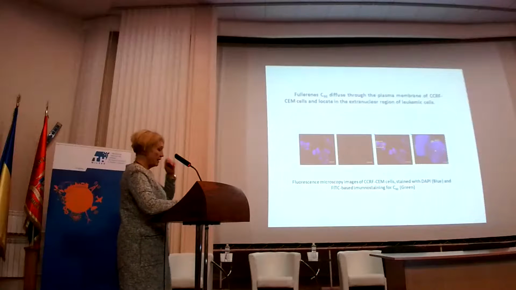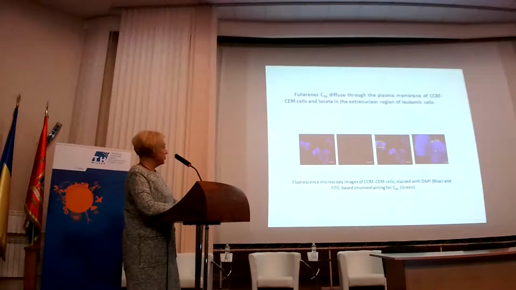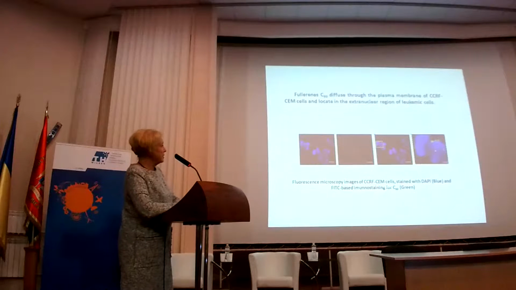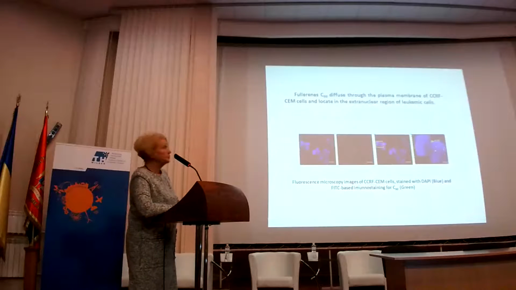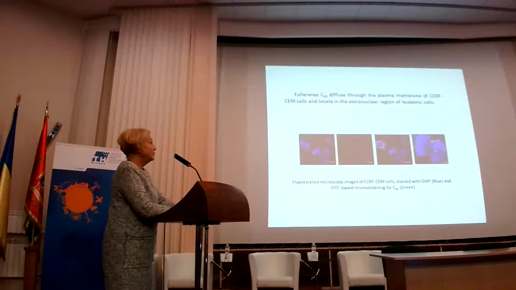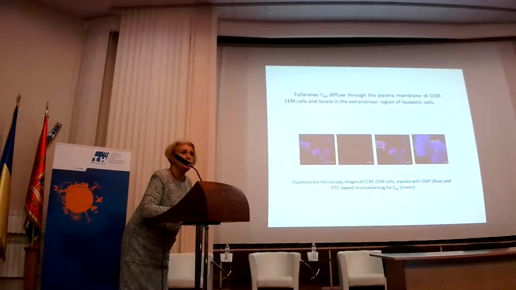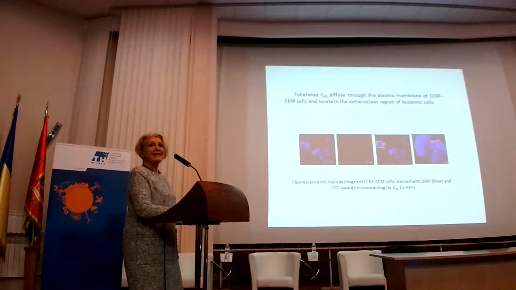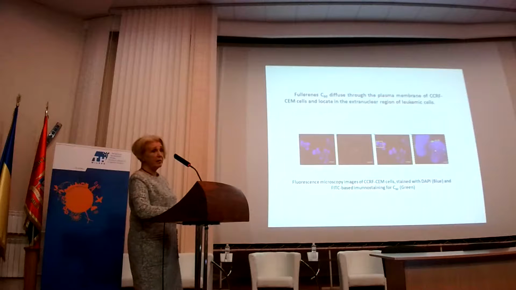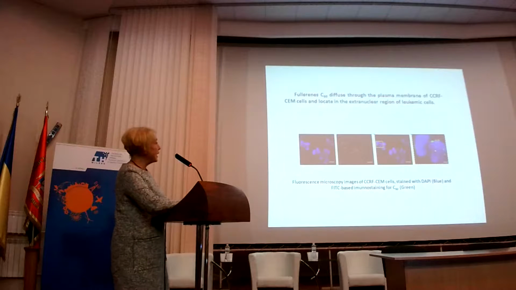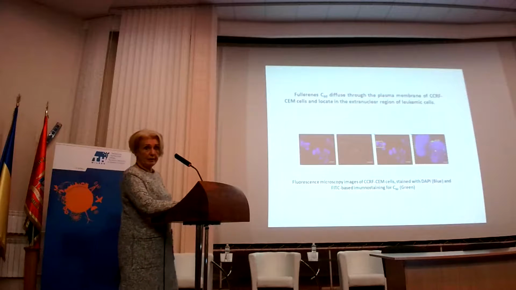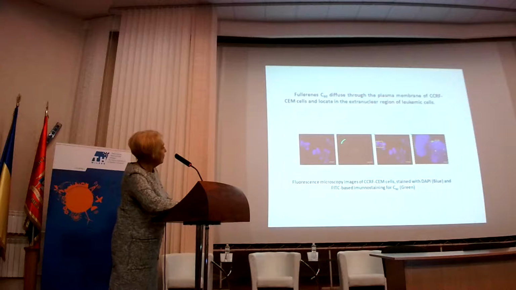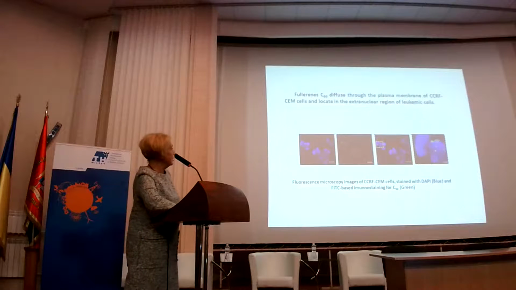I would like to emphasize that Anna used in this experiment CCRF cells as human leukemic cells. And if in previous experiments we used fullerene labeled with a fluorescent tag, in this experiment FITC labeled antibodies to fullerene were used. They have green color inside the cell.